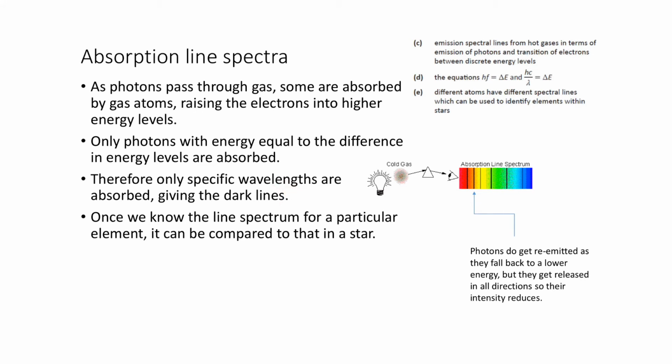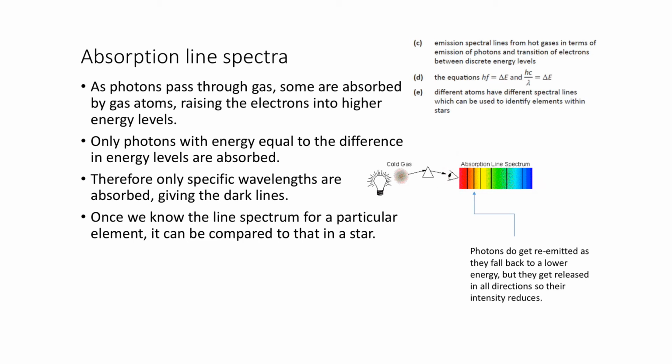And then once we know the line spectrum for a particular element, we can compare it to that in a star. So we've got the middle bit of the sun just here. Around the outside, you've got a slightly cooler gas, and that's where the absorption happens. And then the light gets spread out, and what we see is the bulk of the spectrum, that continuous spectrum.